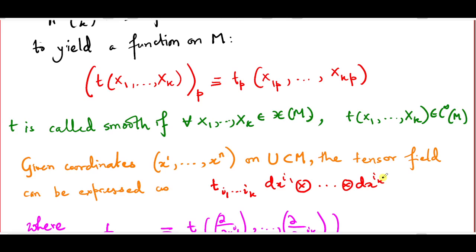Here, of course, what you are doing is not only multiplying this function through this tensor product of coordinate differential one forms, you are also, of course, summing up over all the dummy indices.